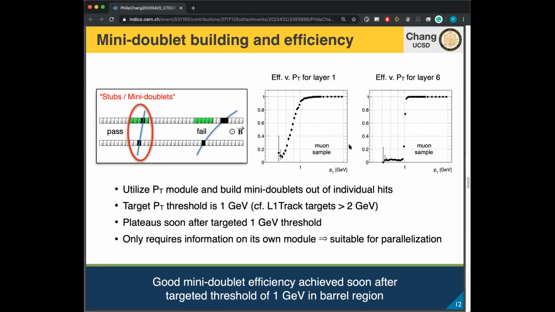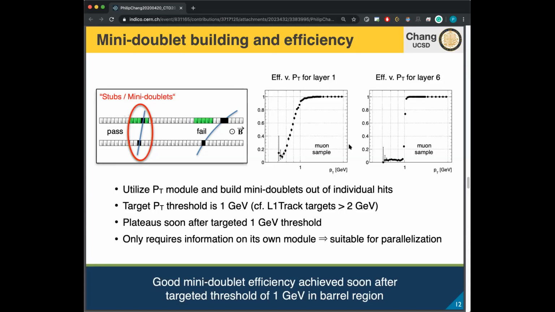So we're targeting going down to 1 GeV to see how much we can do. Again, it only requires information on its own module, so it can be done in a very parallel and very fast way. The top right plots of the 2 cases show you the efficiency versus pT on the outer tracker layer, and then the outermost one as an example of how it looks. You can see that good efficiency is achieved soon after the targeted threshold of 1 GeV.